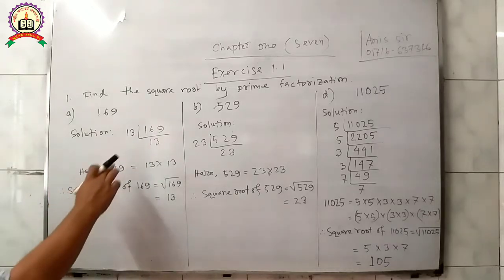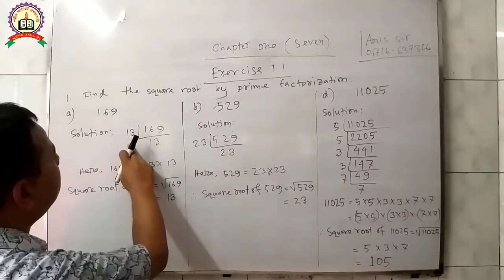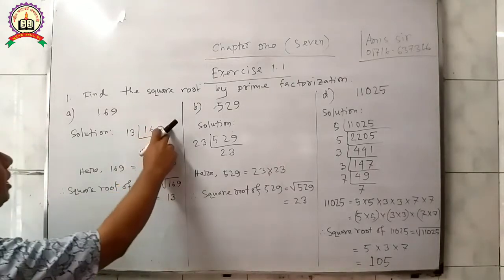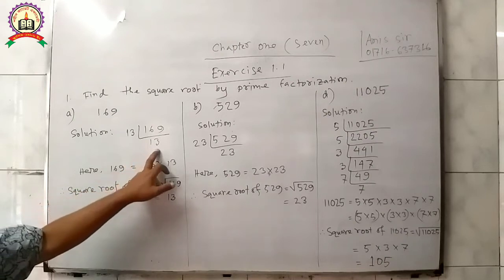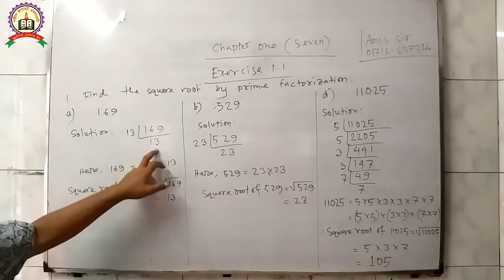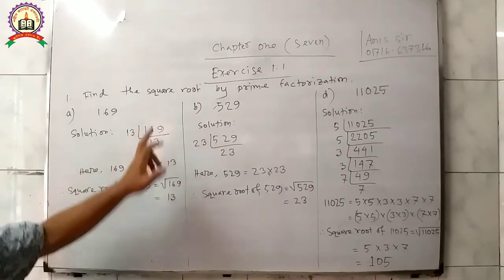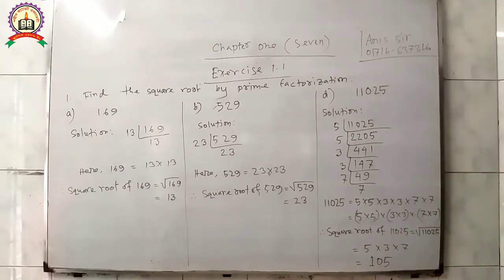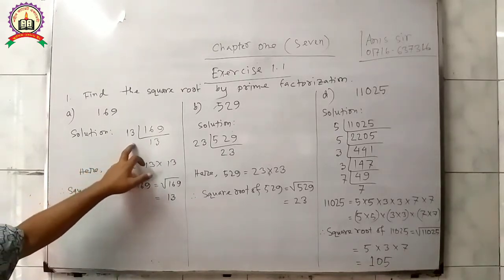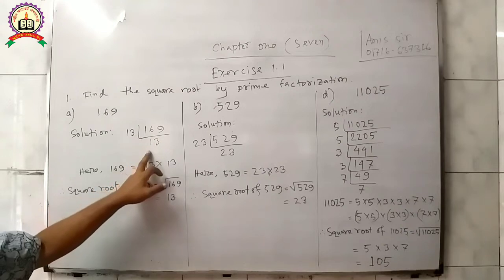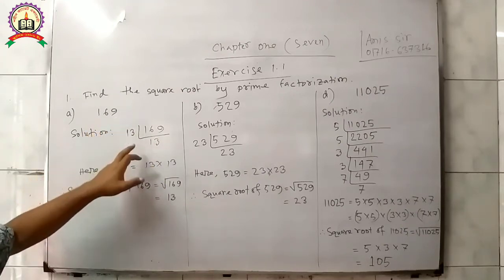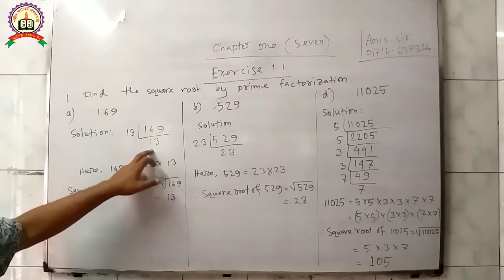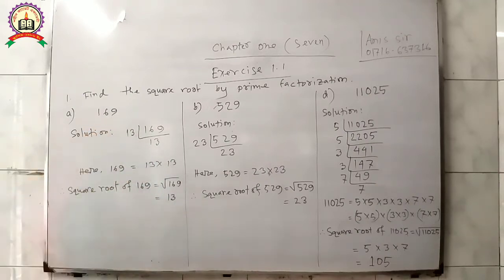At first 13 is divisible. 169 is divisible by 13, and the quotient will be 13. 13 into 13 equal to 169. So we get 2 prime factors of this number 169.